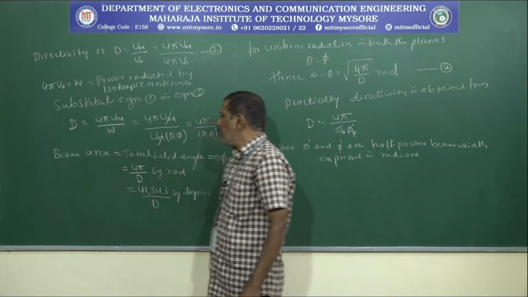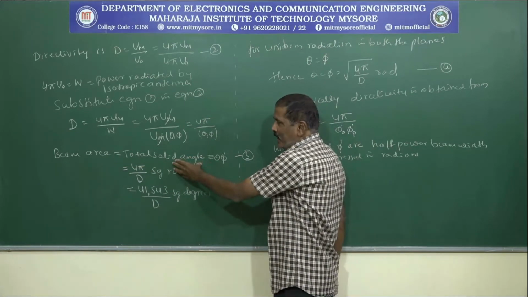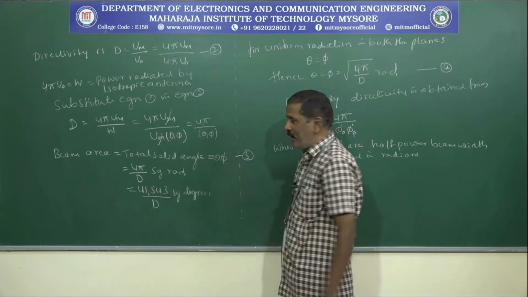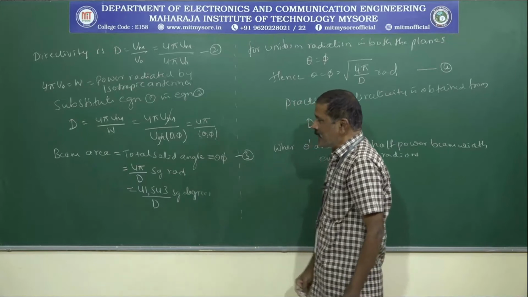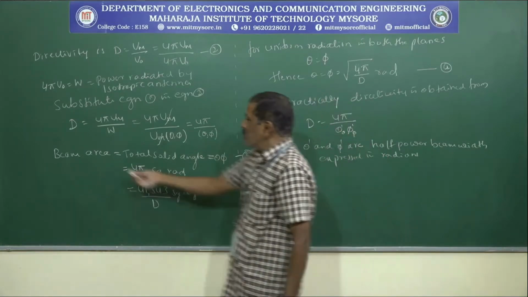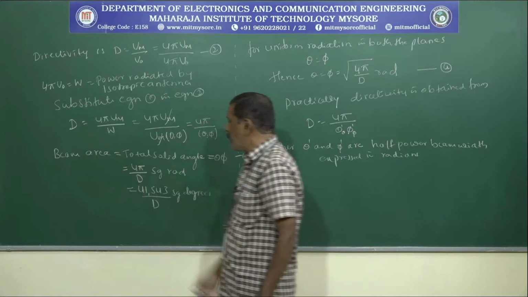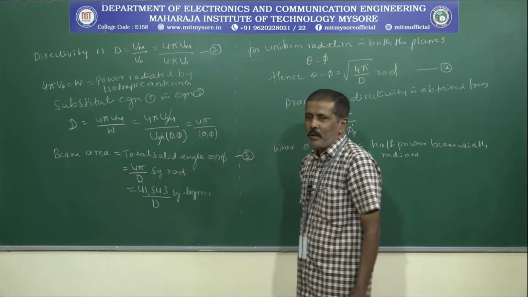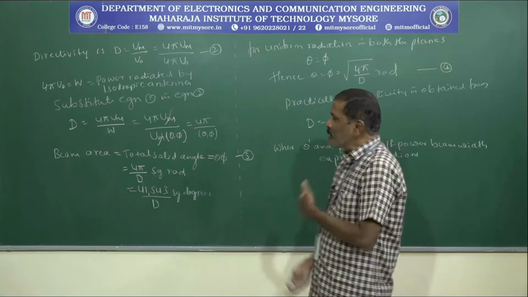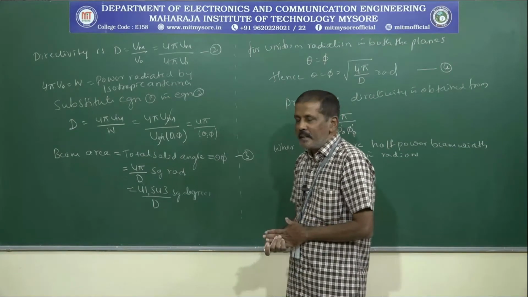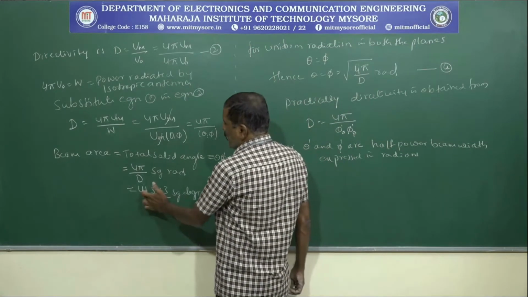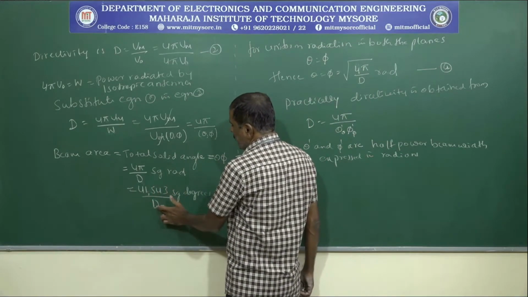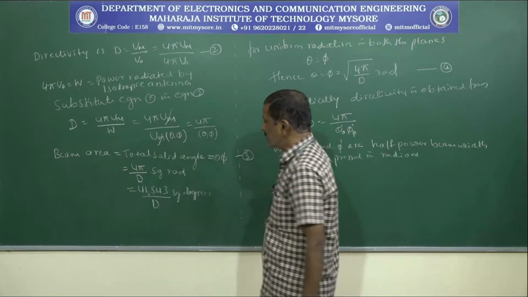Then beam area equals total solid angle, that is equal to theta comma phi. Call it equation number 3. So this beam area is equal to 4 pi divided by D, measured in square radians, and you can convert this radian into degrees, then it becomes 41,253 divided by D square degrees.